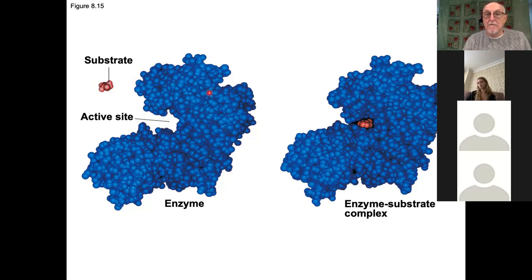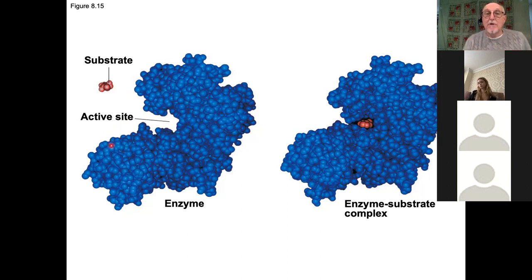That's basically all you need to remember about enzyme structure, apart from the fact that enzymes may also require something else to bind to them, a cofactor, sometimes a metal ion, sometimes an organic compound. Organic cofactors are called coenzymes, and they can bind anywhere, depending on the enzyme.